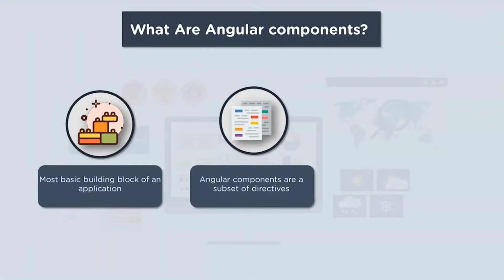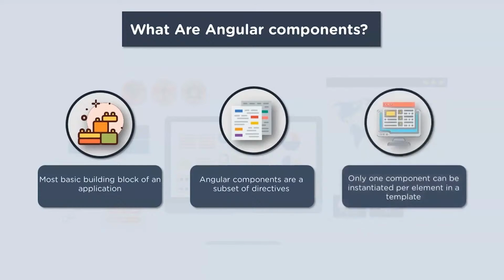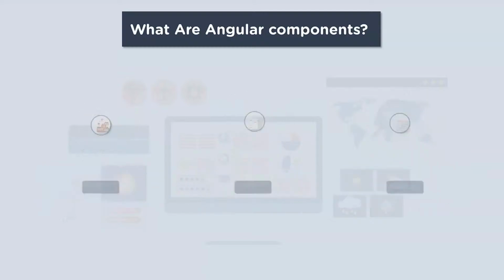But to give you an idea, there are three types of directives. You have the structural directives, the attribute directives, and the component directives. Only one component can be instantiated per element in a template. Now, components are typically custom HTML elements, and each of these elements can instantiate only one component. Now, don't worry, you'll understand this better when I show you the demo.